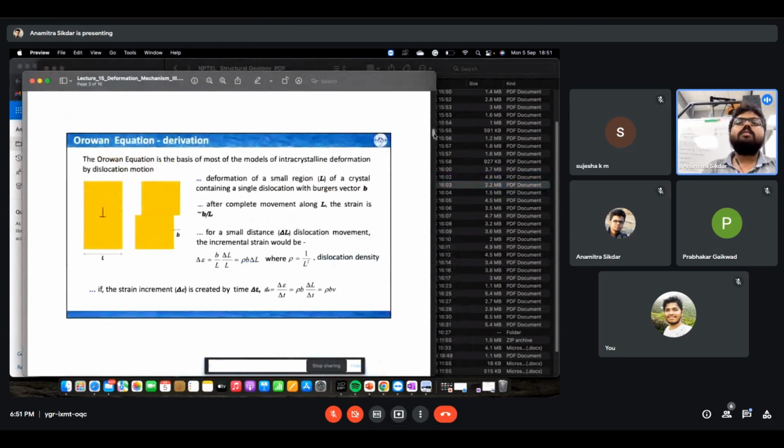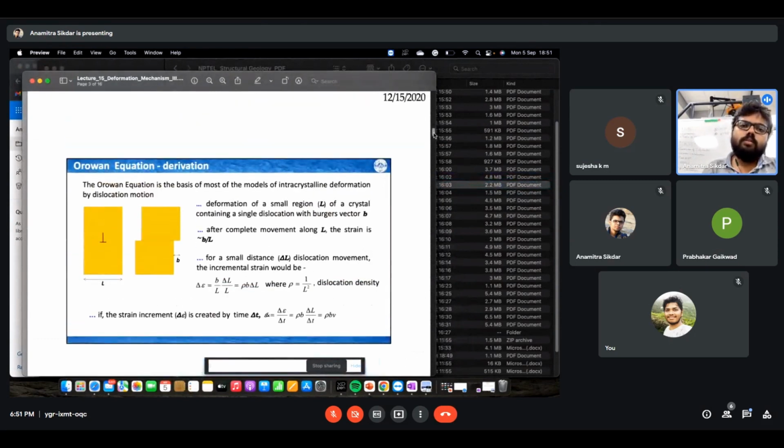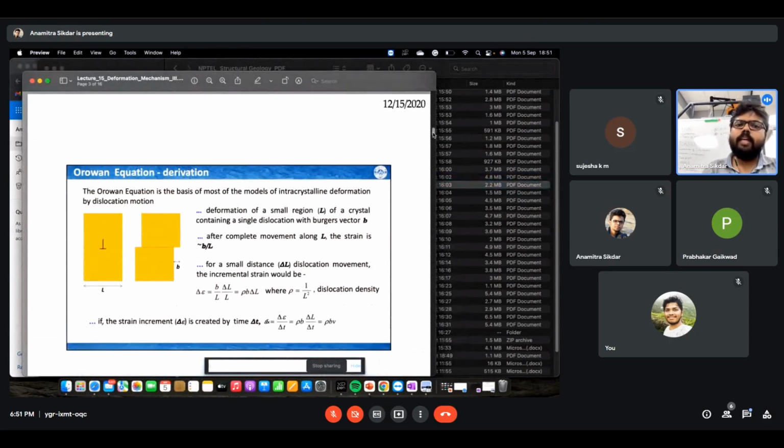Orowan first explained how intracrystalline deformation can happen. He defined a single dislocation as one basis of the overall deformation.